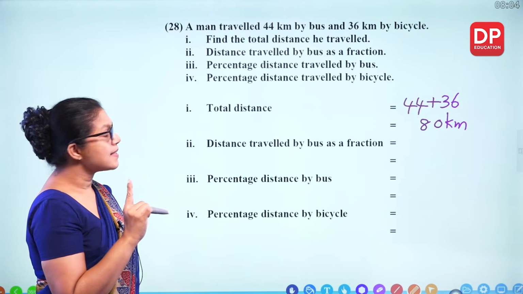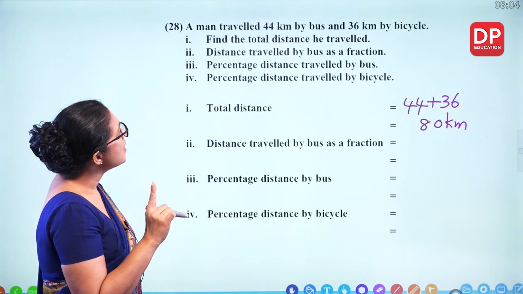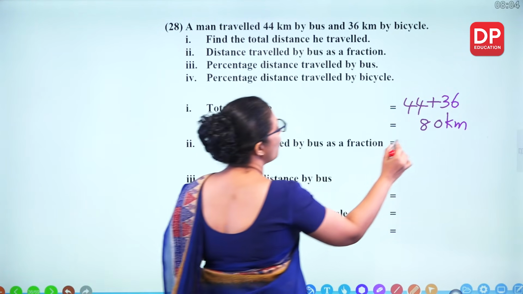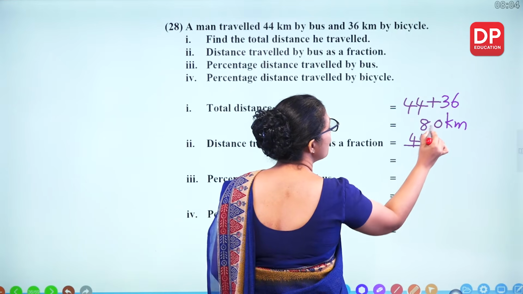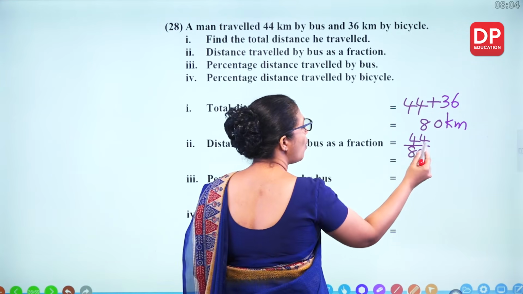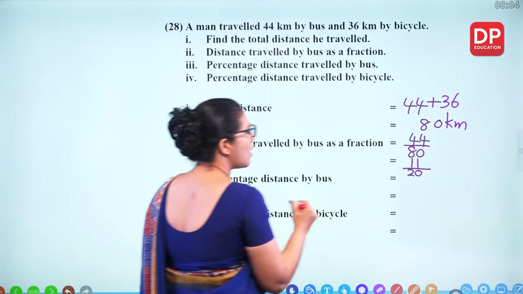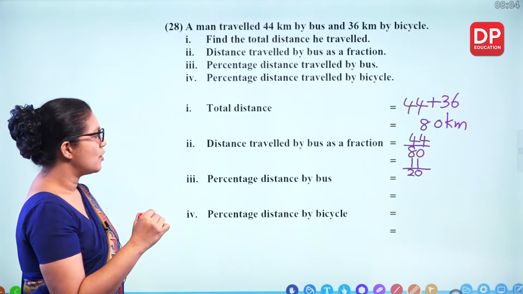Distance travelled by bus as a fraction. Distance travelled by bus, that's 44, out of the total distance 80. Divide by 4, you get 11 over 20.